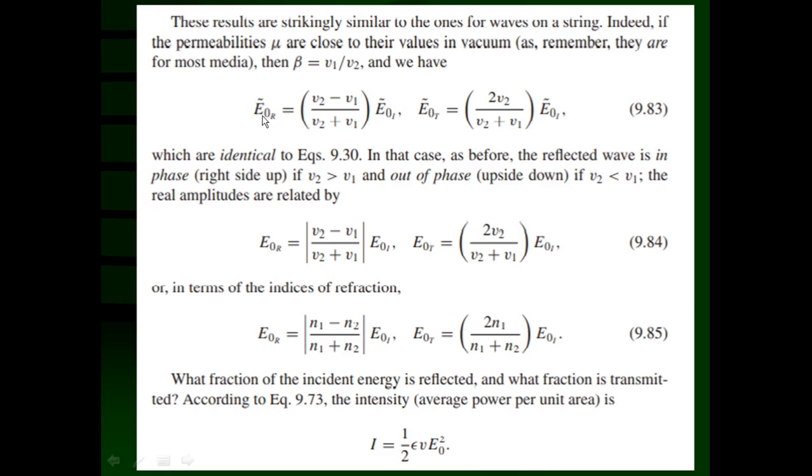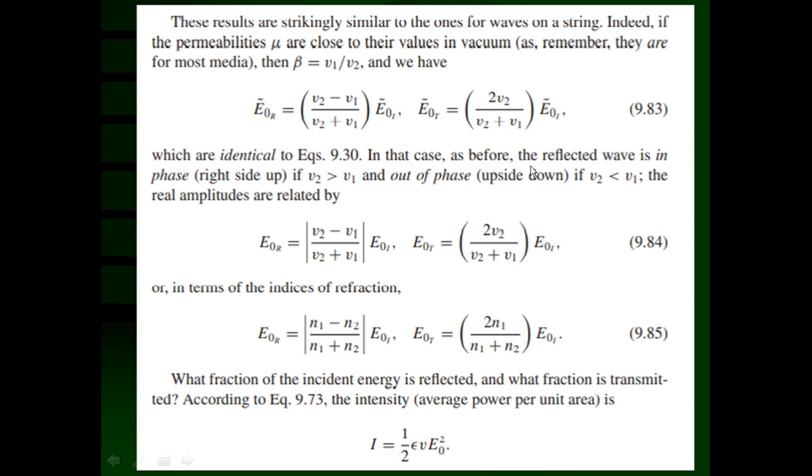So if V2 is greater than V1, this fraction is positive, which indicates that the reflected wave is in phase with the incident wave. But if V2 is less than V1, this quantity becomes negative, which indicates that the reflected wave is out of phase with the incident wave.